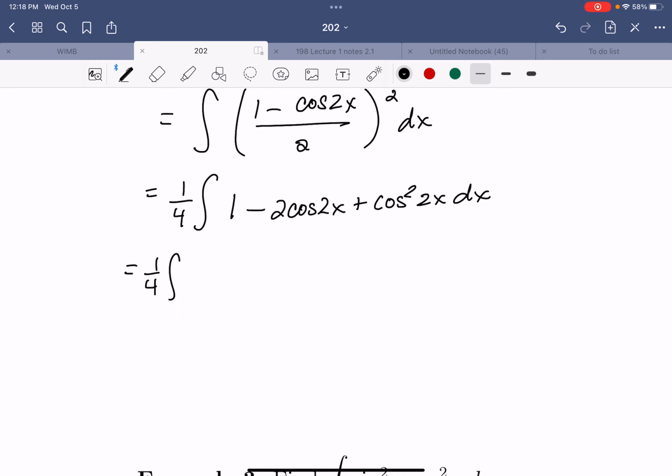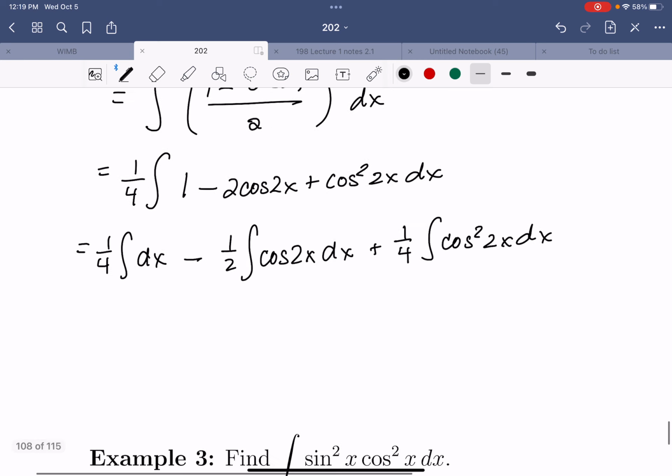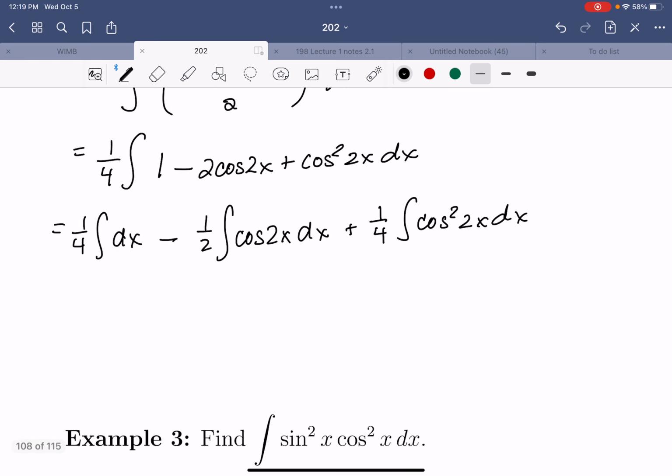So this is 1/4 the integral of 1 dx minus 1/2 the integral of cosine 2x dx, that one I can do, plus 1/4 the integral of cosine squared 2x dx. From here, now I've got another square, right? So, okay, what can I solve here? I'm going to leave them all as integrals for now, and I'll integrate later.